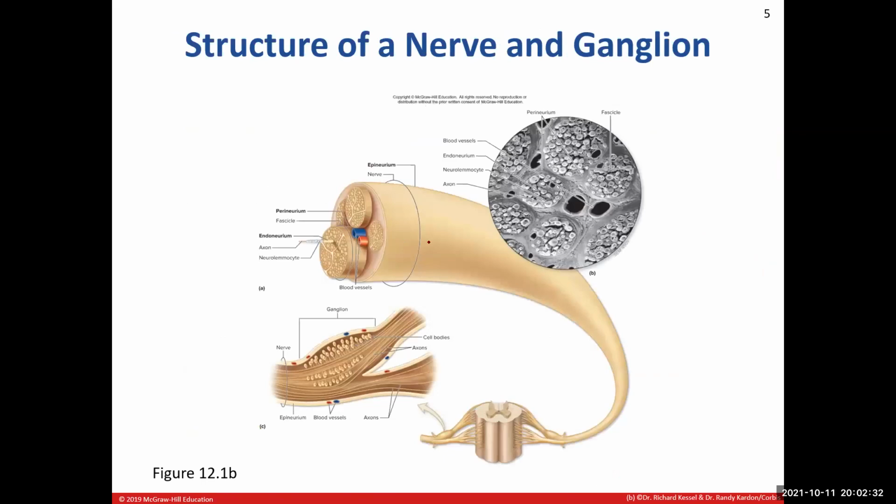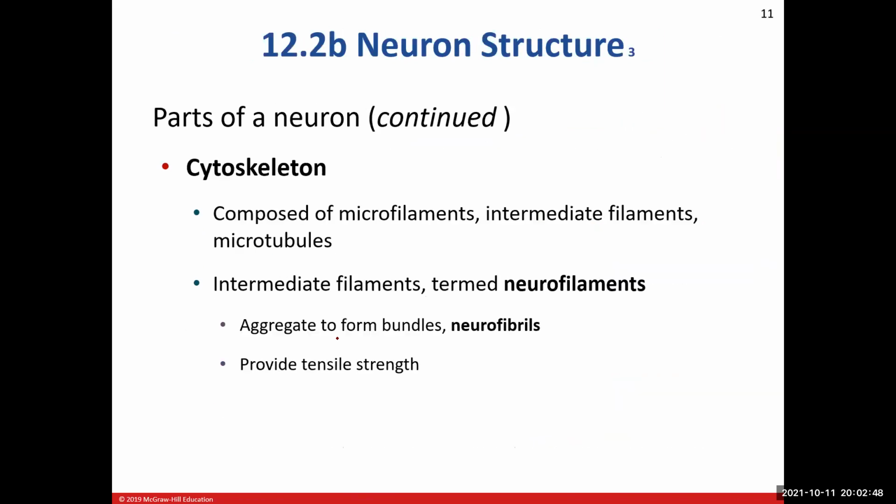Here we are. We're just going to zoom in here, so you can see all these cell bodies right there. Those are unipolar, and that is the dorsal root or posterior root ganglia.